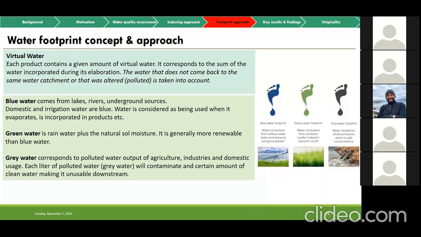Water might have been used during its processing, during its consumption. If water has been used and comes back to the system, like a water cycle, that's okay. But what most of us do is, when we do the production, that water gets contaminated or polluted, and it doesn't get back to the system. And that's basically what the water footprint is all about.